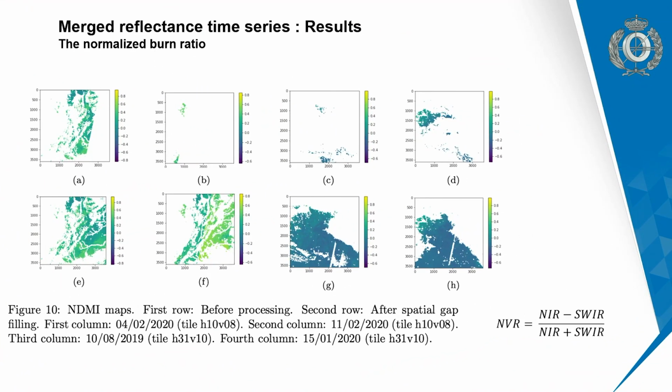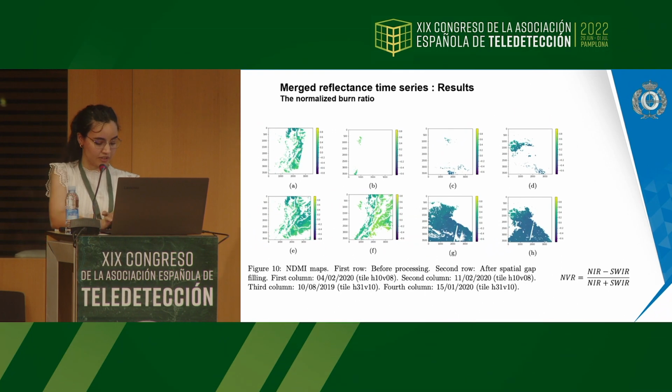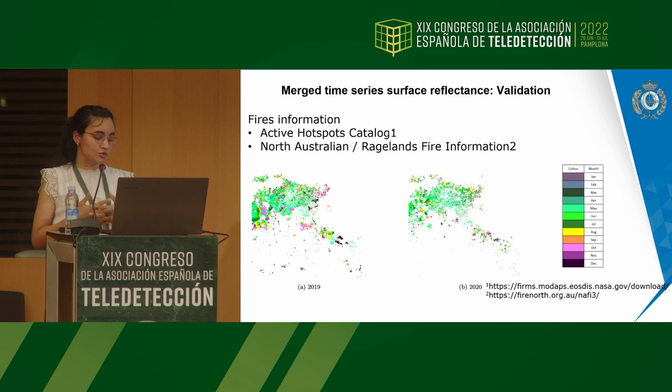But this project is conducted with burned area with fire, so it's not only important to study the effectiveness of the algorithm on the spatial aspects, but we also need to study the temporal behavior of the time series. So to do that and to validate the results, we chose 2 fire information sources.